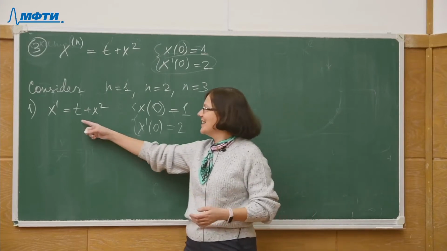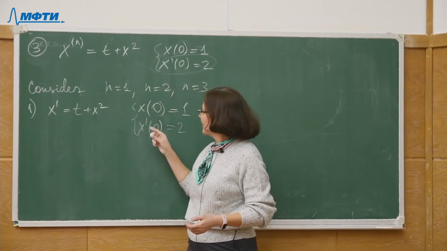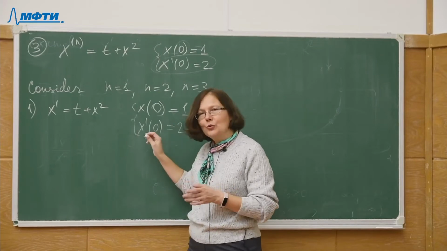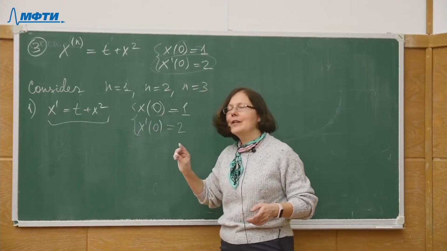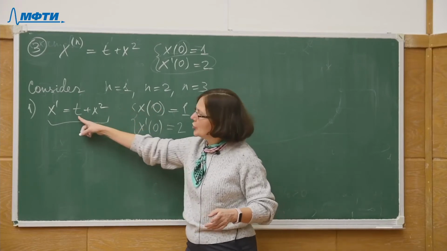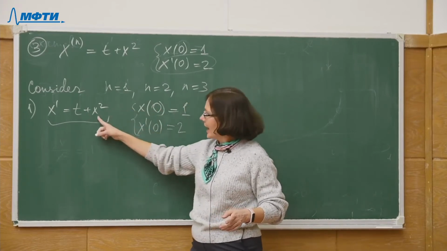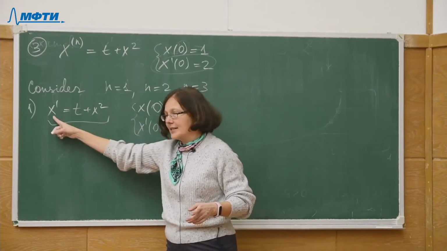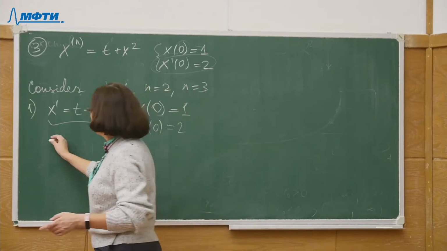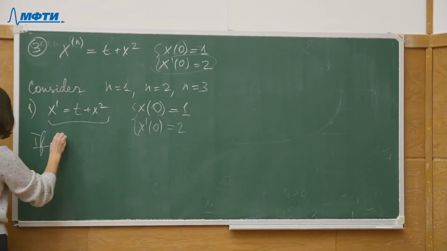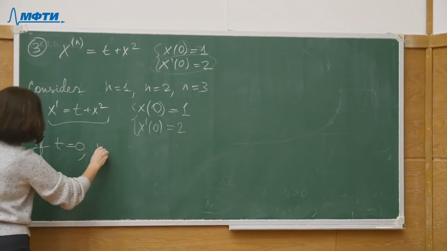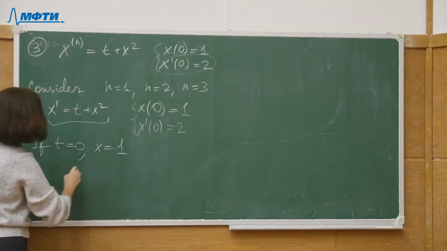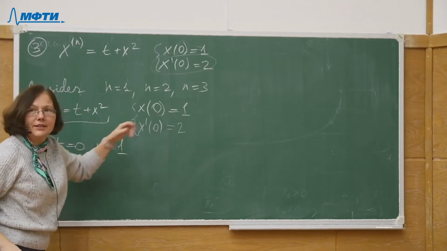Right, the answer is to substitute. So to answer this question, we should consider the original equation and substitute 0 for t, 1 for x, and find x prime, right? So t equals 0, x equals 1, taken from this initial condition.